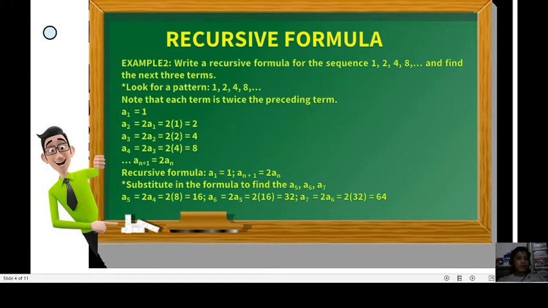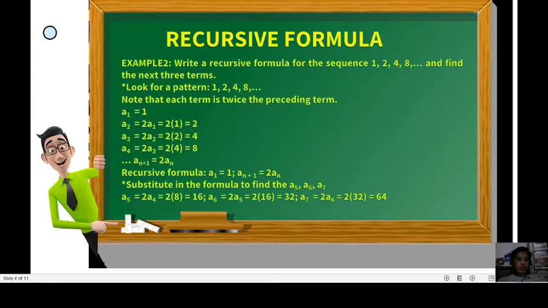is multiplied by 2. The second term is multiplied again by 2. Then the third term is multiplied again by 2. Because when we divide the succeeding terms, all of them are divisible by 2, whereas 1 is our first term, our second term is 2, our third term is 4, and our fourth term is 8.